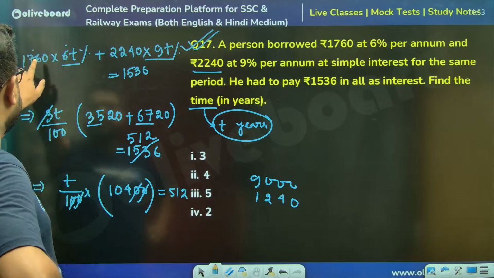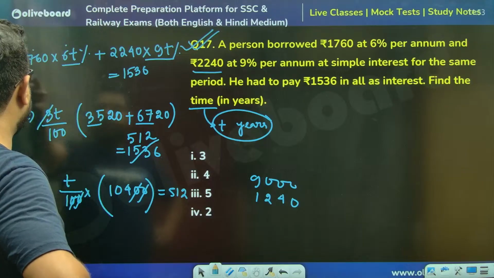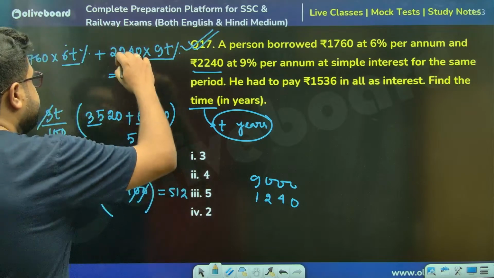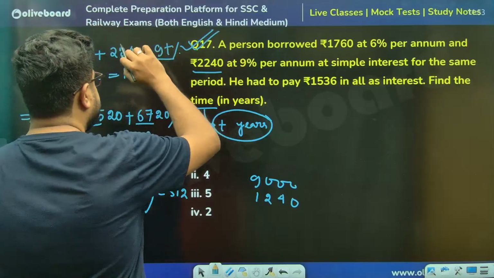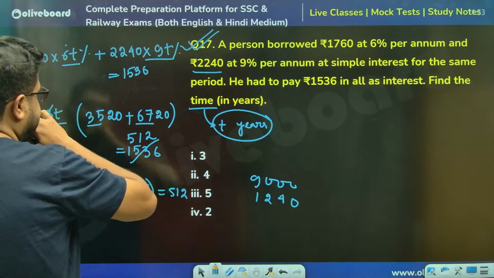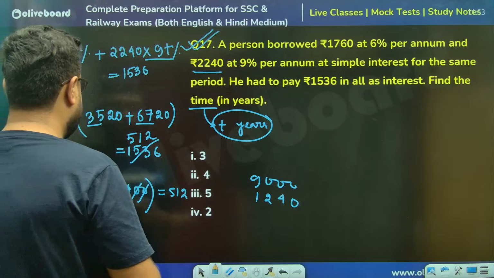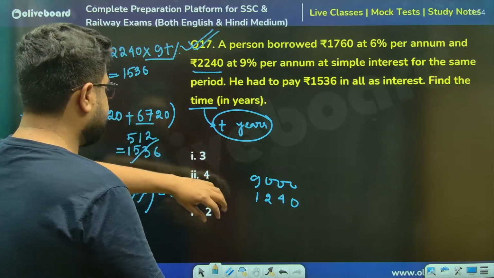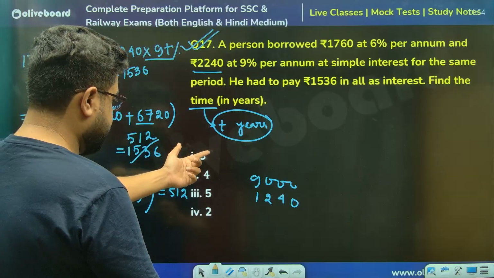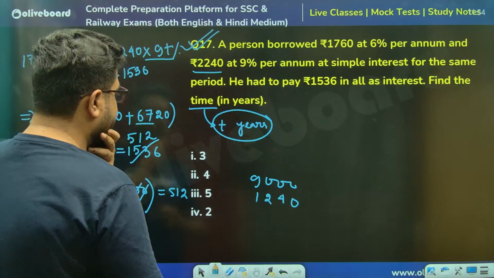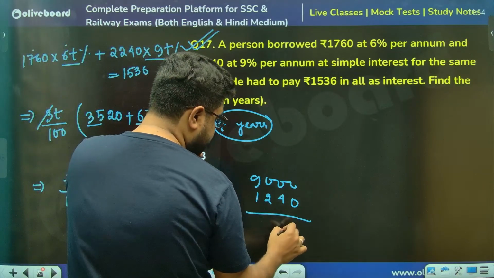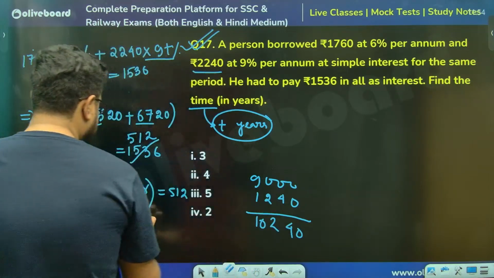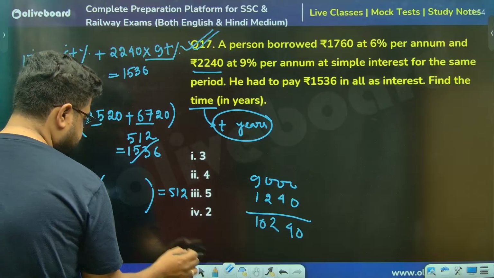रुक जाओ एक second. 1760 into 2. 17 2s are 3400 and 120, 3520. This into 3, 6600 and 3 4s are 120. So 6720. 6000, 3000, 9000. This is 10,240, अरे यार सॉरी.